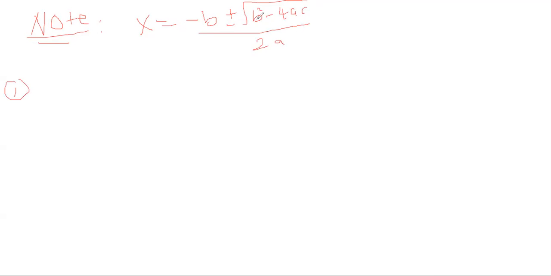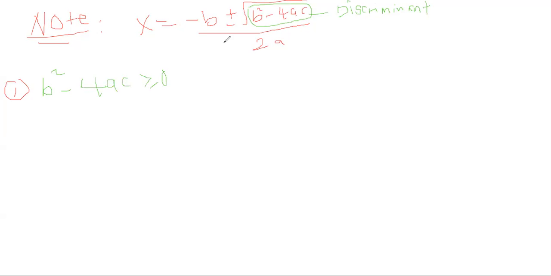For us to use this formula, what we have within the square root, in mathematics they call it the discriminant, should not be less than 0. So this is the condition to use the formula. b raised to the power of 2 minus 4ac should be greater than or equal to 0.